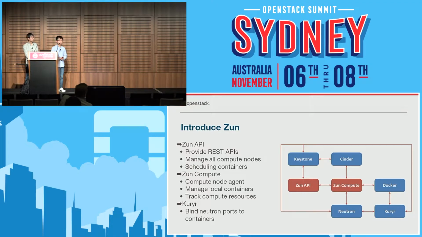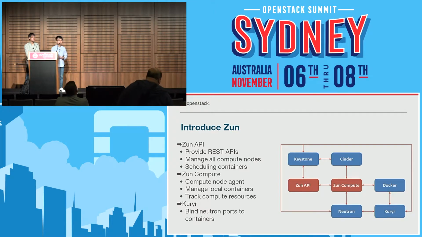And for the architecture, we have the Zun API that exposes the REST APIs, manages all the compute nodes, and schedules the containers to one of the compute nodes. And we have Zun compute, an agent running on each node. It manages the local resources and the local containers, checks all the compute resources in the node, and reports them to the API.